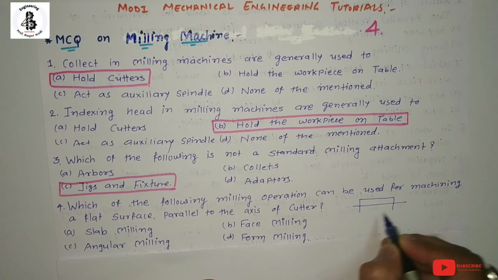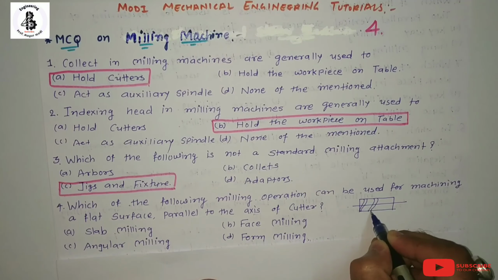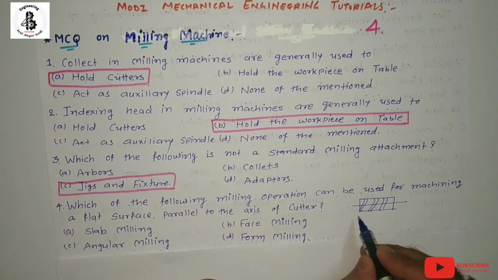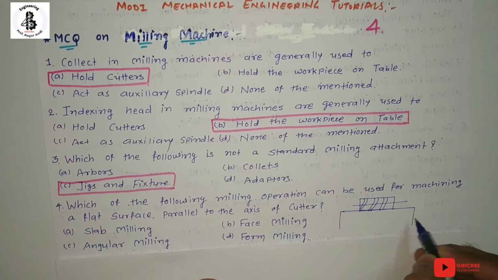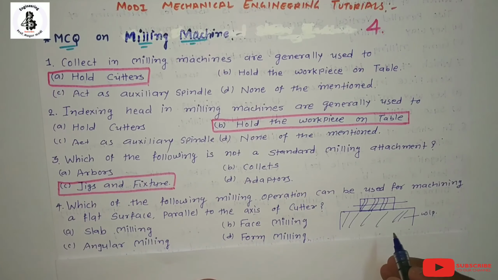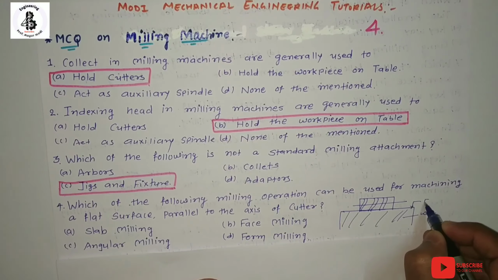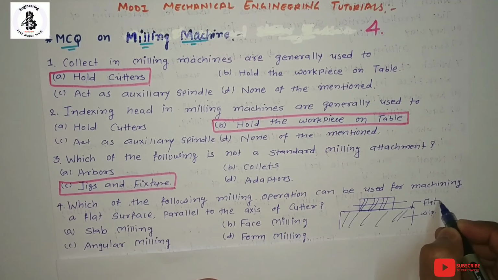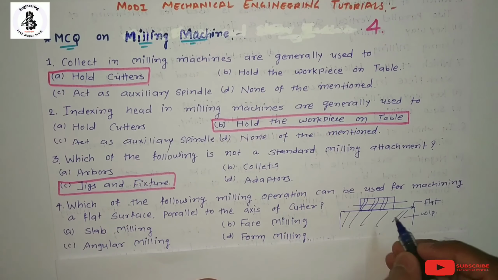cutter. These are all the cutting edges, and this is our workpiece material. Just see the question: for making a flat surface, here will be the flat surface, and this surface is parallel to the axis of the cutter.